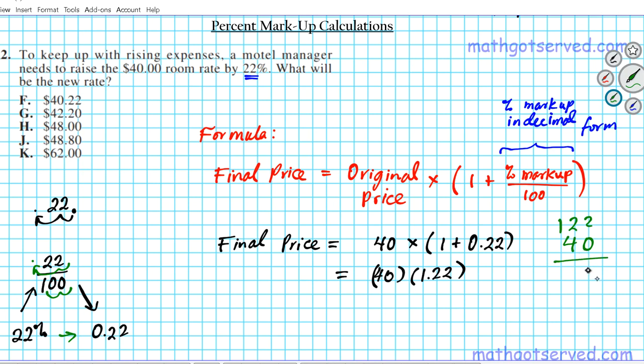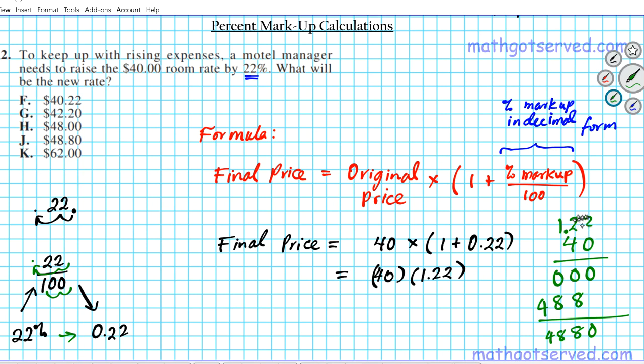So this is the 0th spot right here, and then 0, 0, 0, and then 4 times 2 is 8, 4 times 2 is 8, 4 times 1 is 4. So you have 4880.